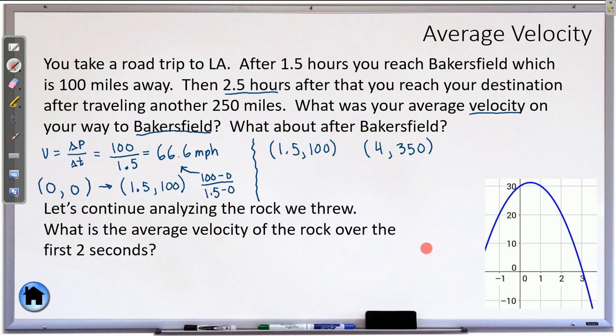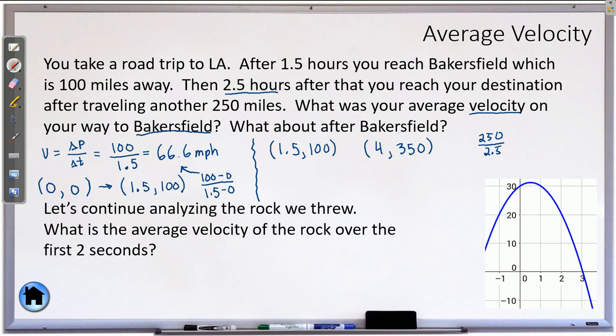Hopefully you can see that we are going to do 250 divided by 2.5, but I want to make sure you can see how you can get that from 2 different points. This is Bakersfield, and this is how long we've been traveling once we get to our destination.